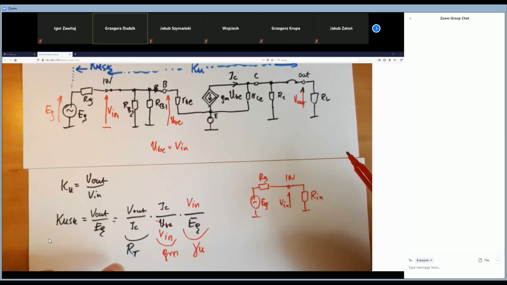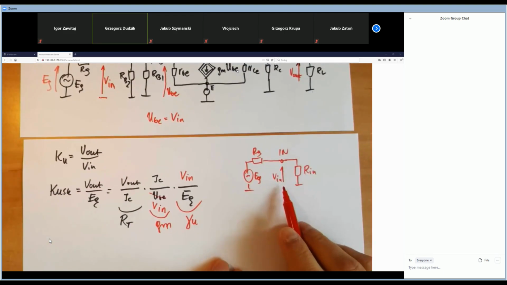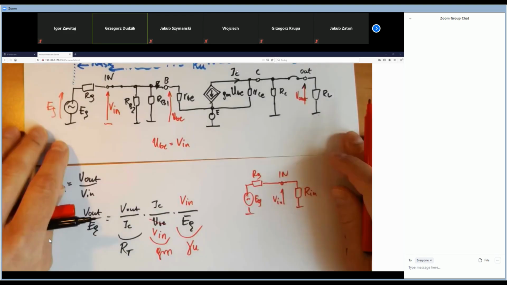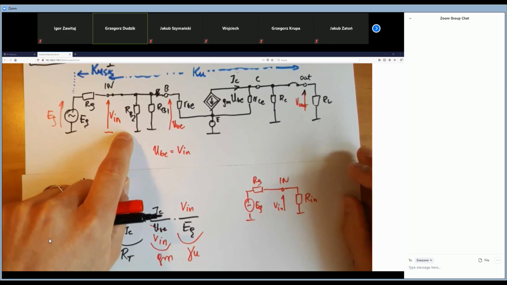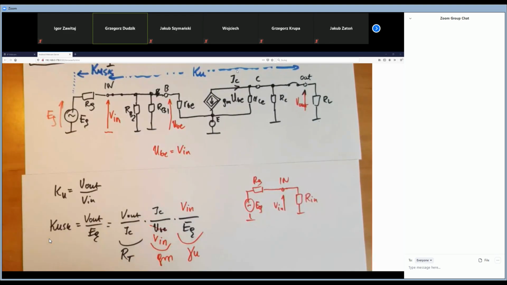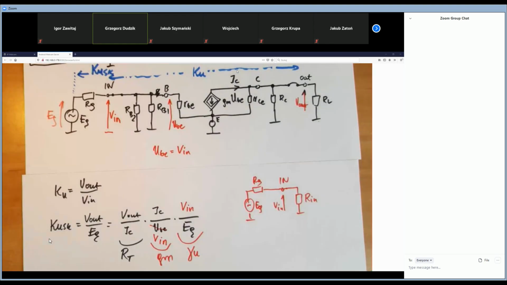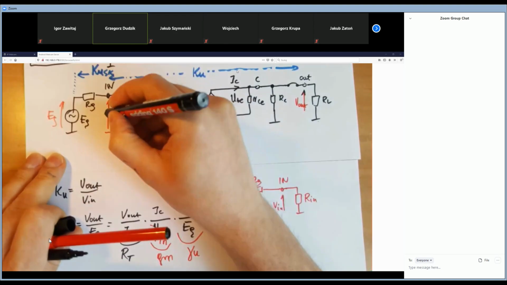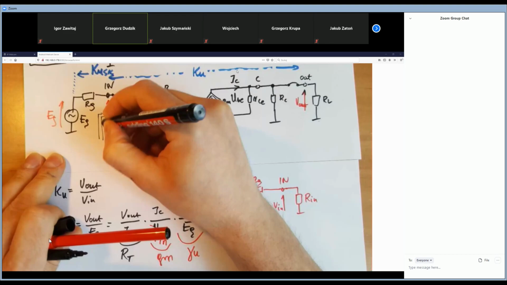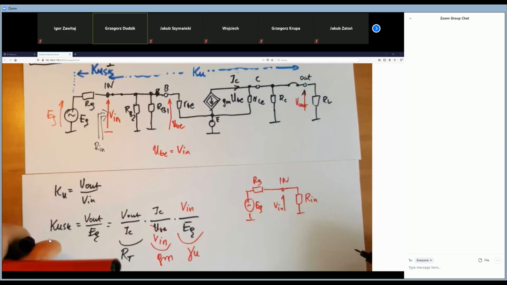Okay, let's calculate, or maybe in that form, indicate the input and output resistances of our amplifier. From the input terminal here, we've got the input resistance of our amplifier.